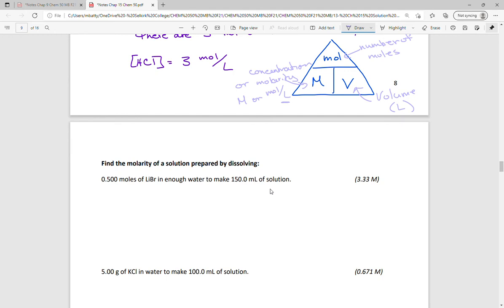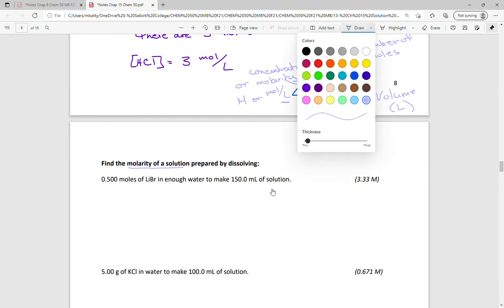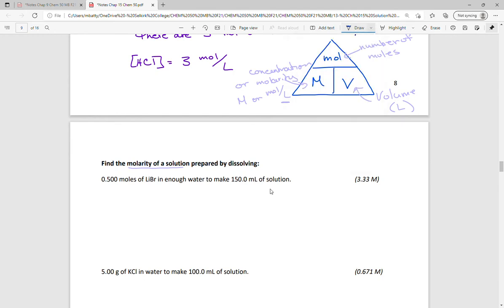So let's take a look at what we have. So we have some questions here. We want to find the molarity of a solution if we make it with the instructions that are written out. So we have 0.5 moles of lithium bromide. So the number of moles is 0.500 moles. Okay. We have a volume of solution. So the volume is 150.0 milliliters.